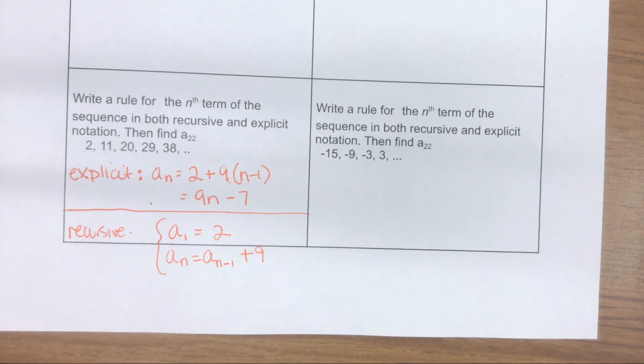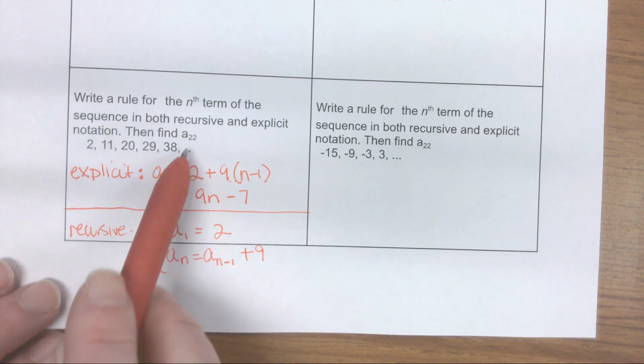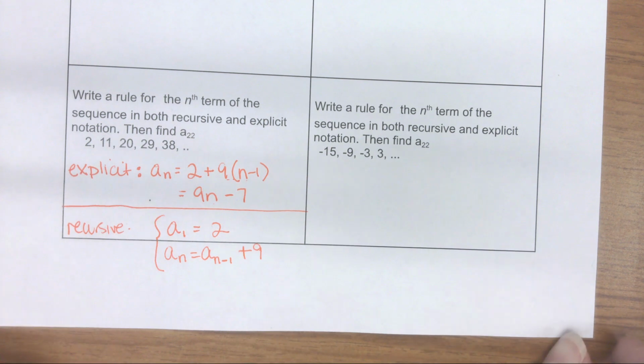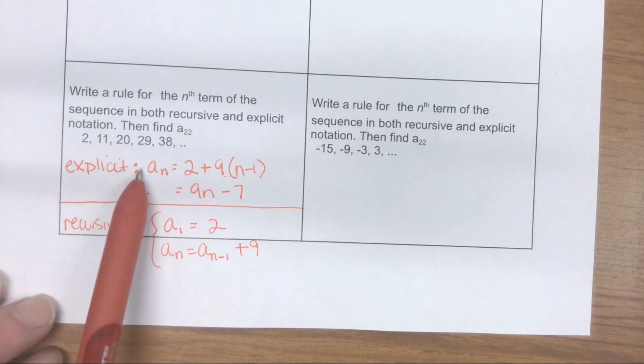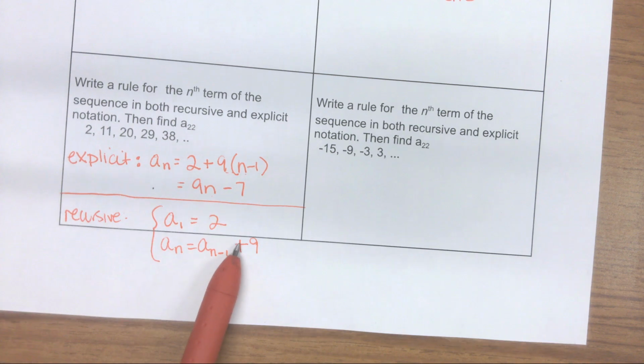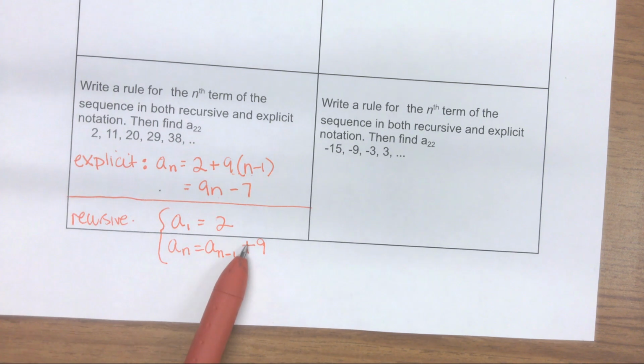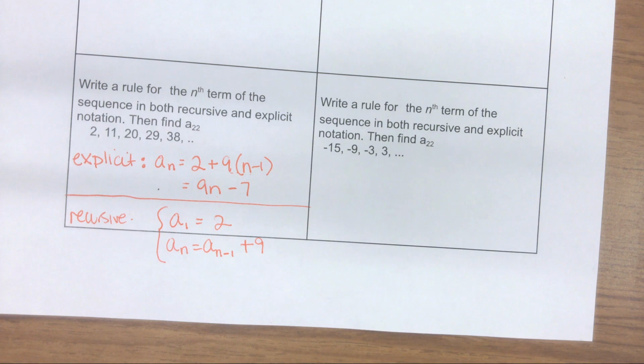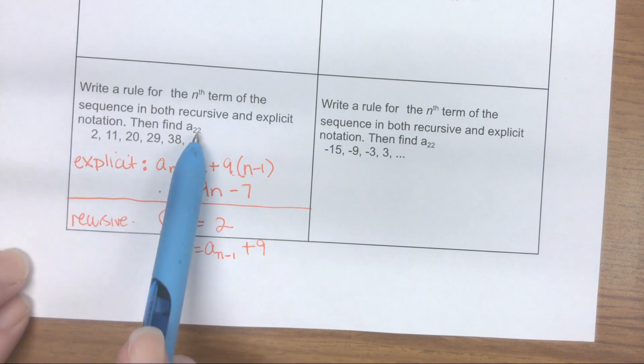Okay, if I asked you to find the 22nd term, it's going to be easier to use the explicit formula. Otherwise, you'd have to actually write out the 22 terms, which you could do. It would just take a little bit of time. Okay, so would you use your calculators, please? And would you find the 22nd term?